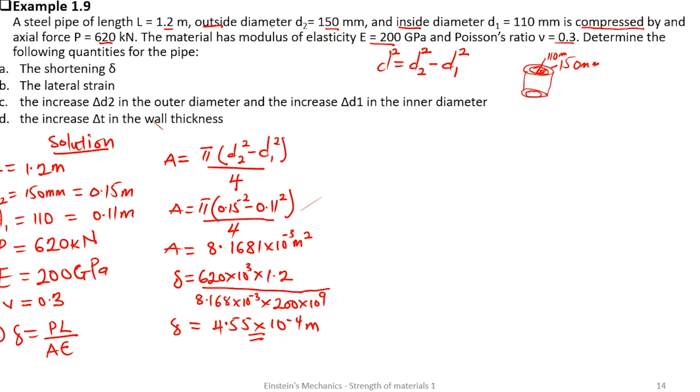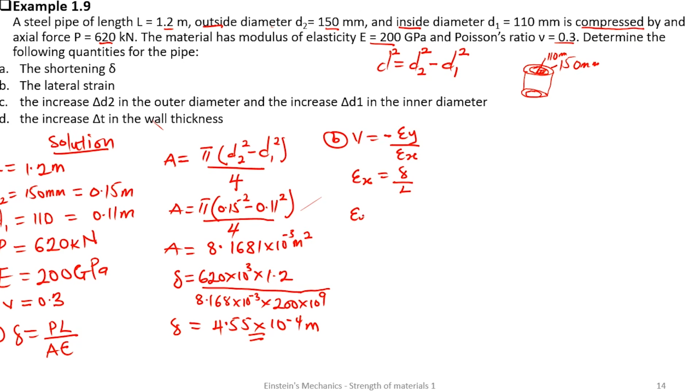So this is for the A. The B part, the lateral strain. Lateral and axial strain can be obtained from the Poisson's ratio, where we know that V is equal to negative the lateral strain on the axial strain. Very good. But it is known that the axial strain is the elongation over the length. So we want the lateral strain.